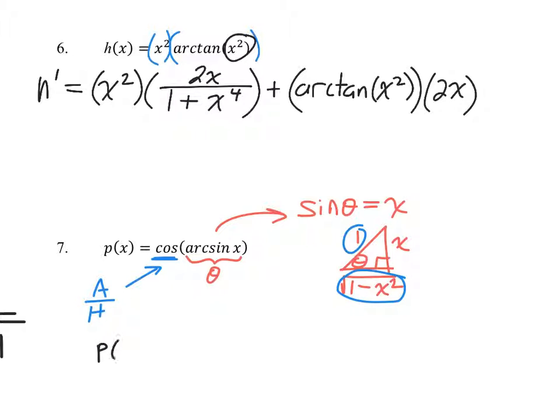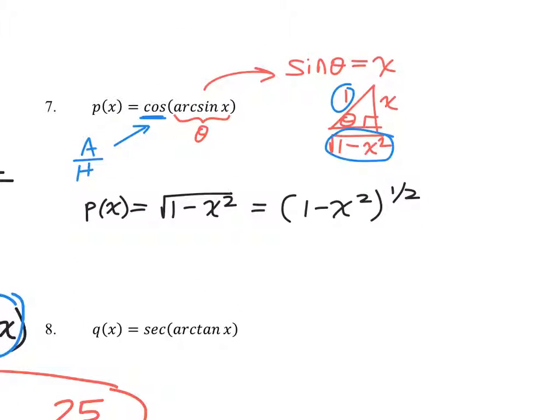So my new p of x, the thing that I would rather take the derivative of, would be the square root of 1 minus x squared, or 1 minus x squared to the 1/2. Now, in this case, it actually would be easier to go the other way and use the chain rule on this, but only because the derivative of cosine is negative sine, and so those functions are inverses.